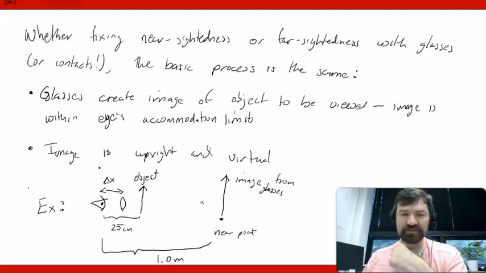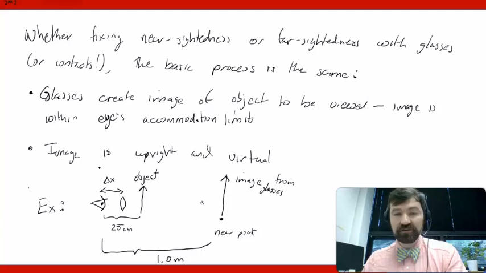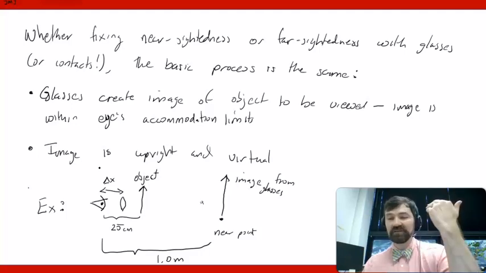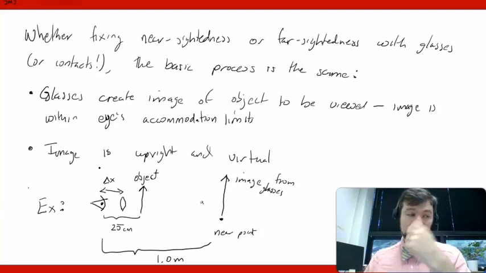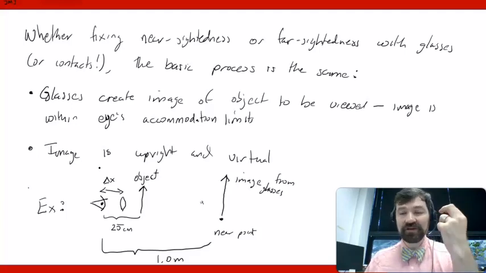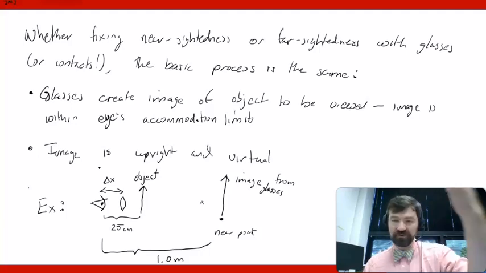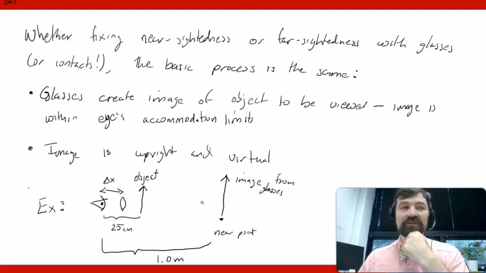And the flip side to that is that if you want to correct nearsightedness, you use a concave lens, and so that basically images everything to be nearer than what it otherwise would have been. And so that will tend to move your effective near point to somewhere farther away as a result.